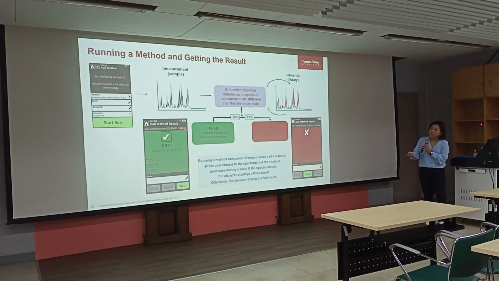The instrument calculates automatically, and if it finds that these two materials are matched, then it will show pass. If the instrument shows fail, it means these two materials are different. So this is how the instrument defines the result, pass or fail, based on your reference spectra compared with your sample.